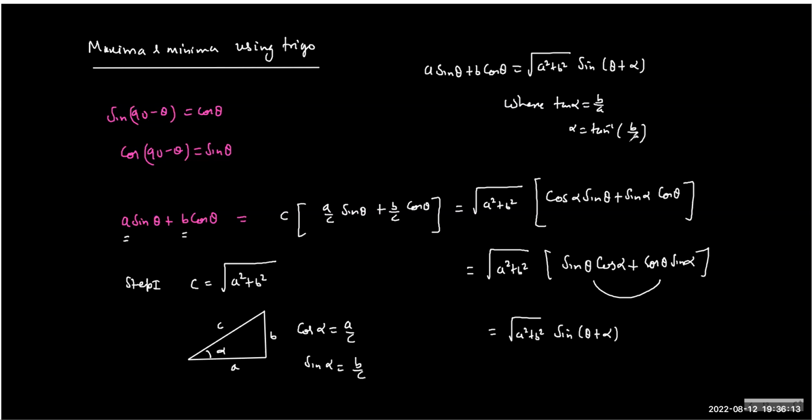Okay, what is the maximum value of sin theta? 1. So what is the maximum possible value of this term? The maximum of this will be when sin(theta plus alpha) is 1, because sine of any angle cannot exceed 1, isn't it?